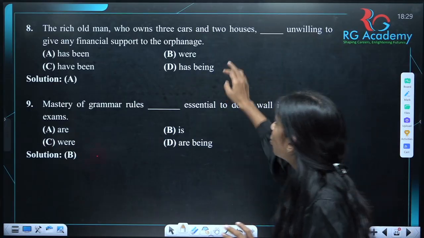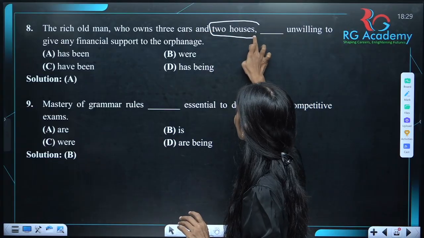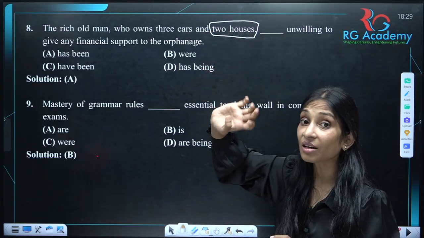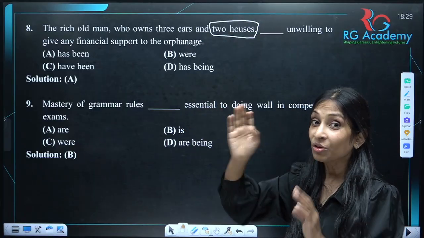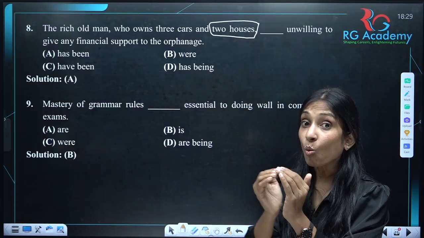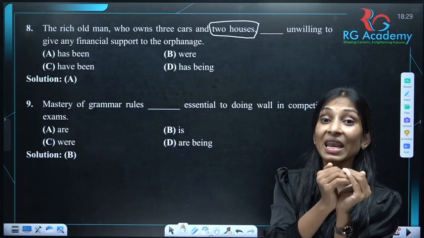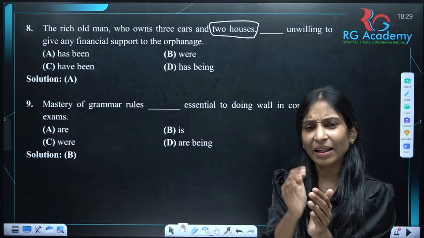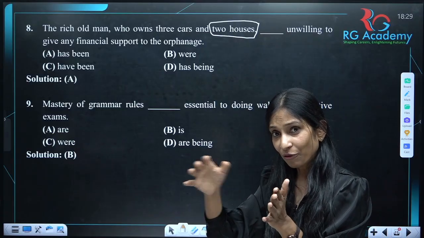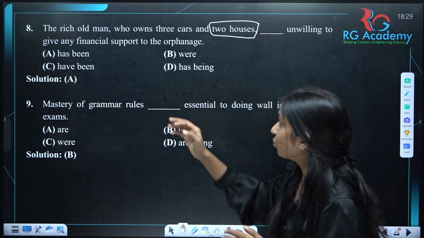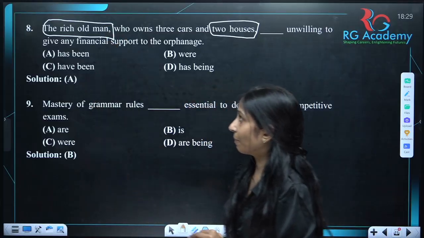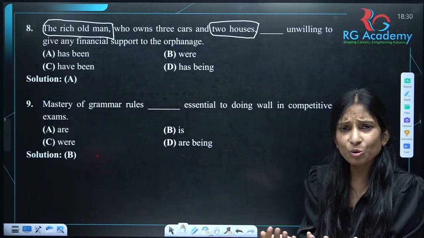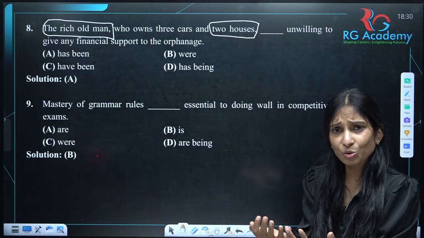Now, do not write your answer just seeing that the closest noun that is mentioned is plural. You have to see what is the main noun of the sentence. There might be fillers in between, but you have to see what the other part of the sentence is talking about, right? Who denied to give financial support to the orphanages?